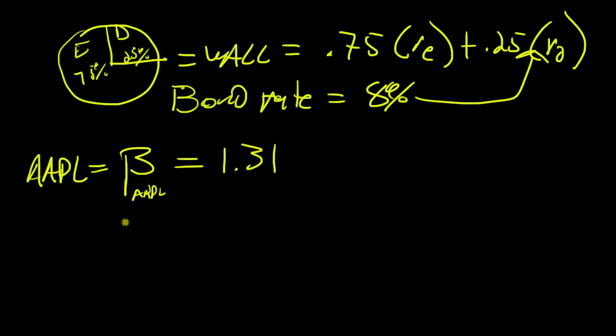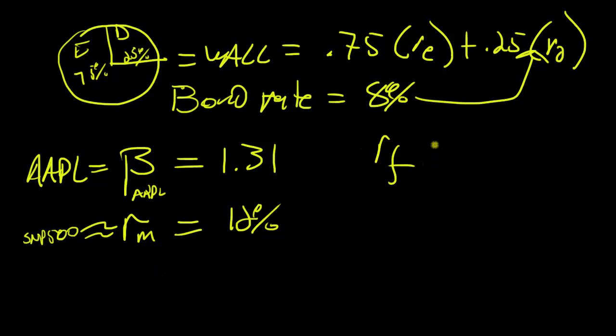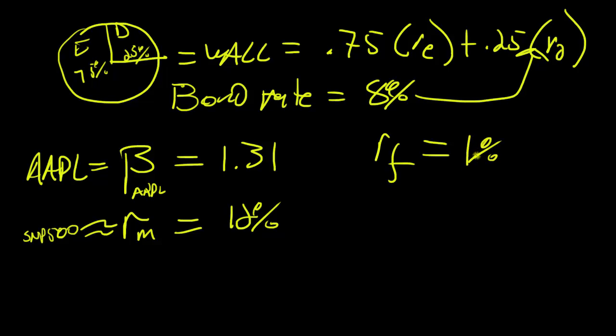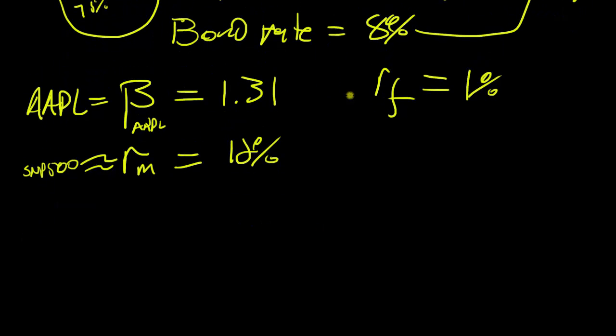And I'm going to estimate that the annual return of, say, the S&P 500 or some other measurement for the market is 12%, and that the risk-free rate is equal to 1%. Just estimations. We can do whatever we want with them. And then let me rewrite the WACC real quick.